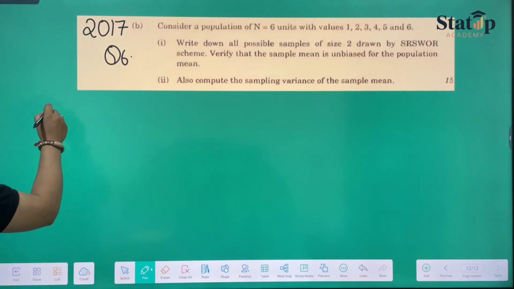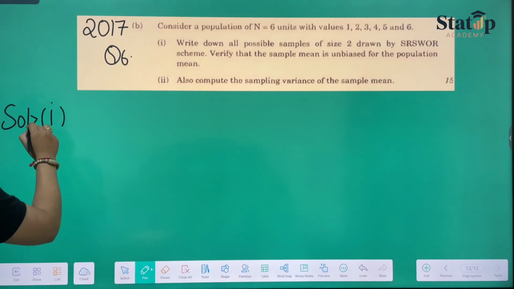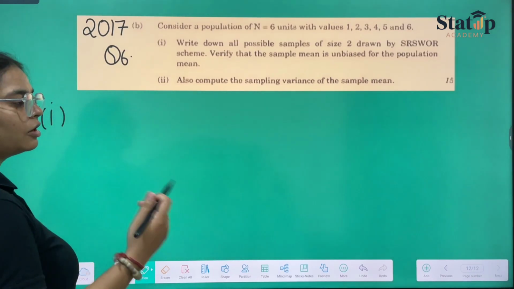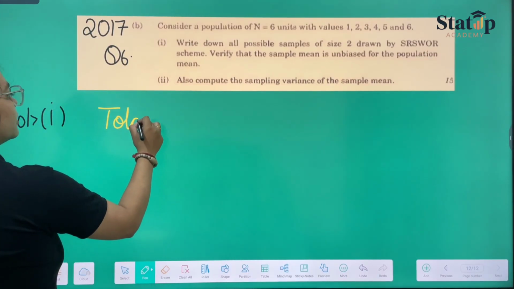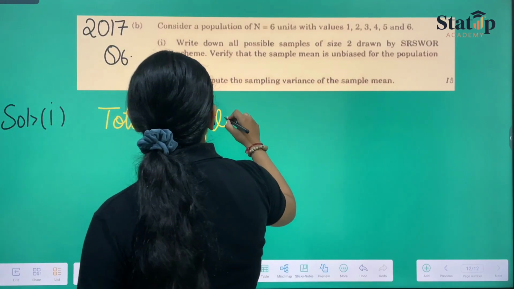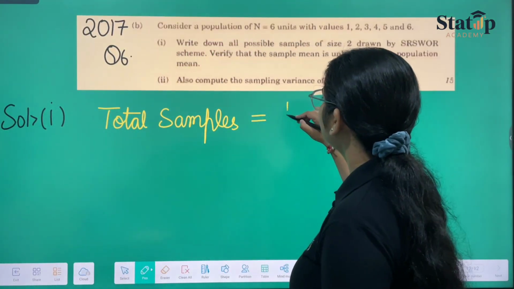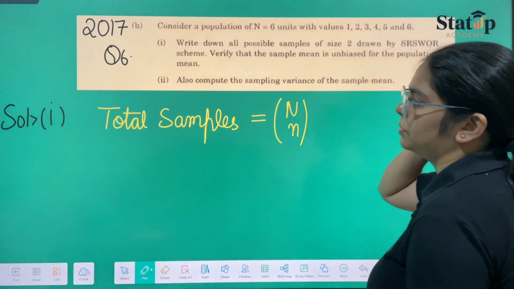So first of all, we should know the formulas for the solution. The total number of samples in simple random sampling without replacement is capital N C small n combination.